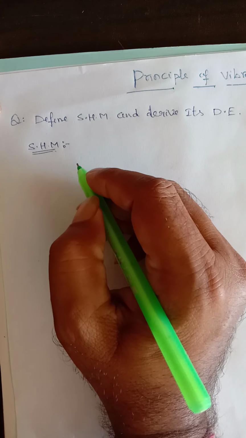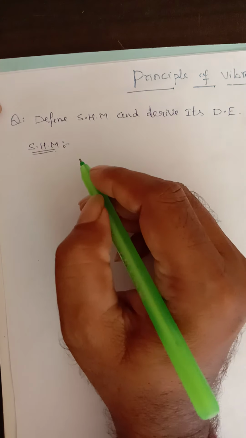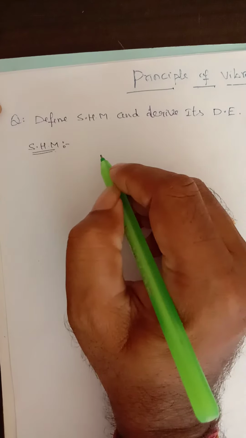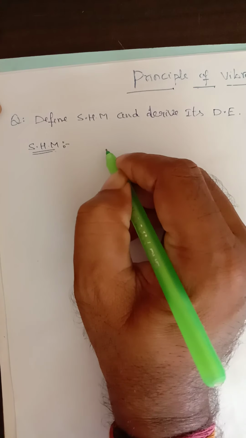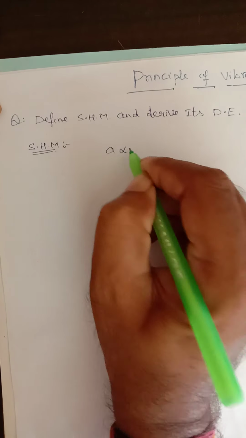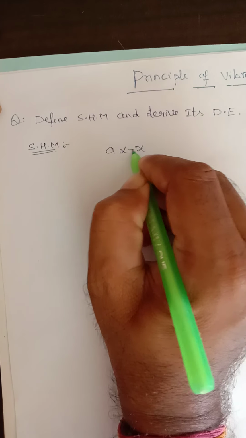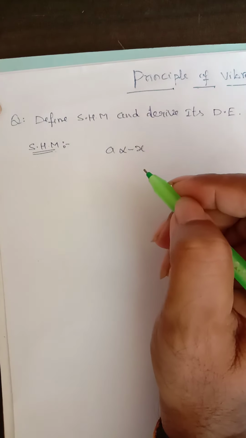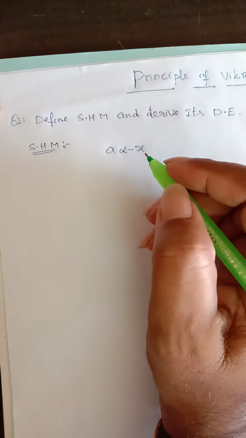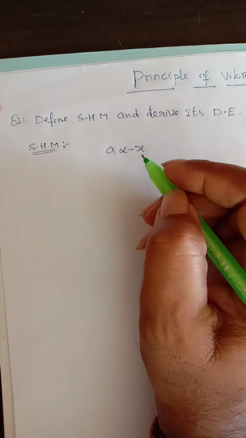So the acceleration a is directly proportional to displacement, opposite to the displacement, and towards a fixed point is known as simple harmonic motion.